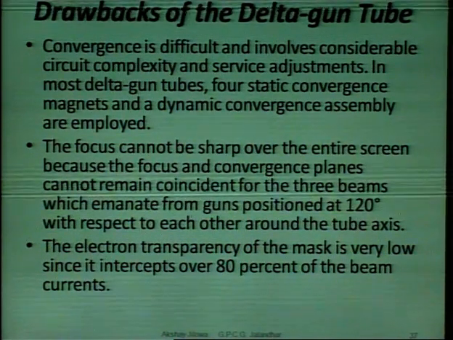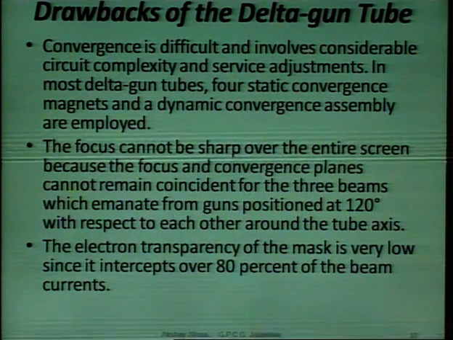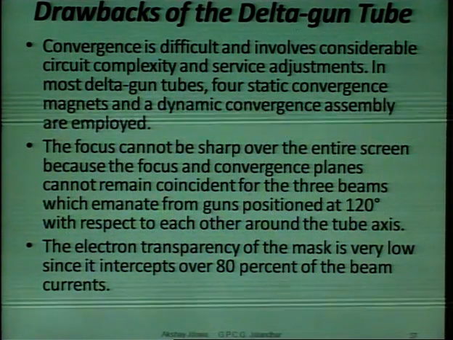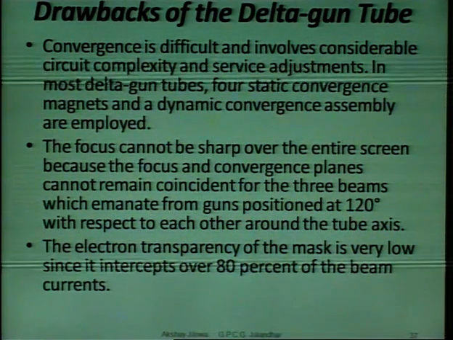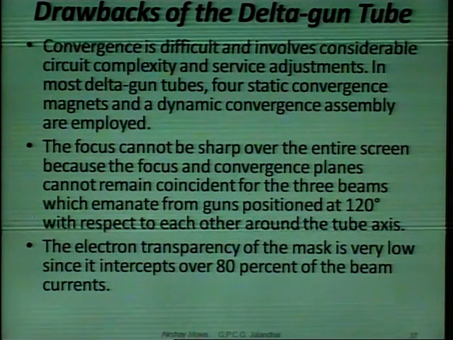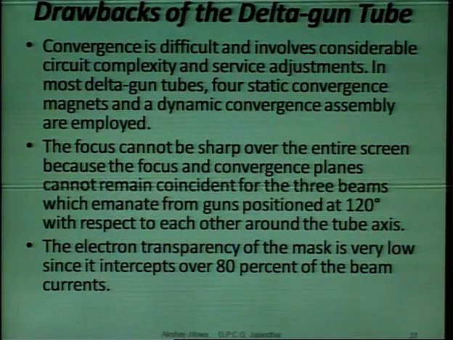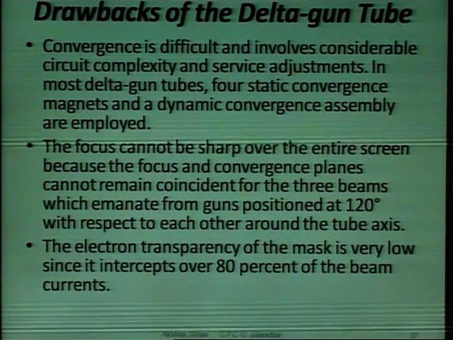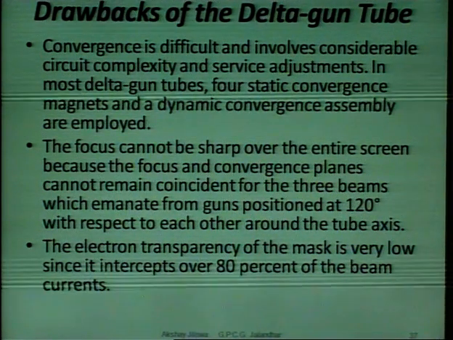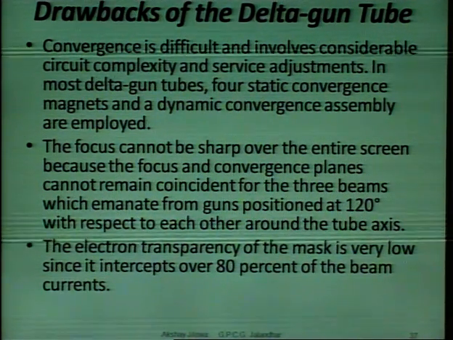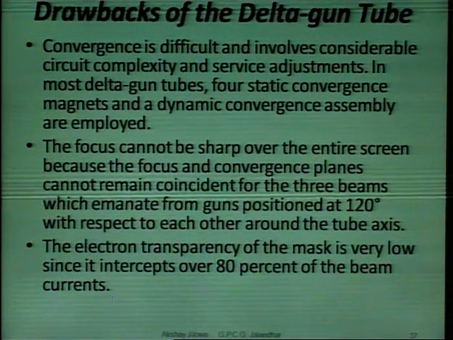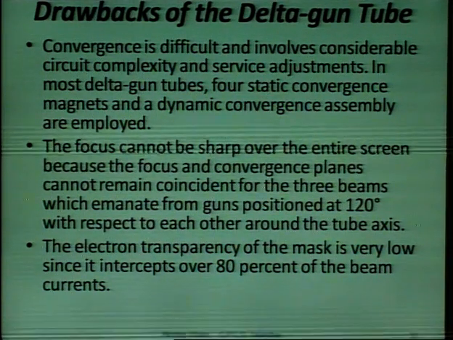Though it ensures the color display, it has some drawbacks. What those drawbacks are, we will quickly have a look at them. Convergence is difficult and involves considerable circuit complexity and service adjustments. In most delta gun tubes, 4 static convergence magnets and a dynamic convergence assembly are employed.